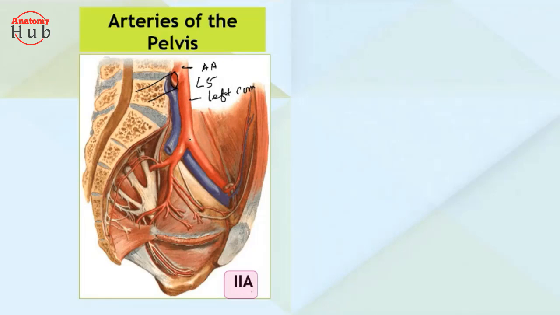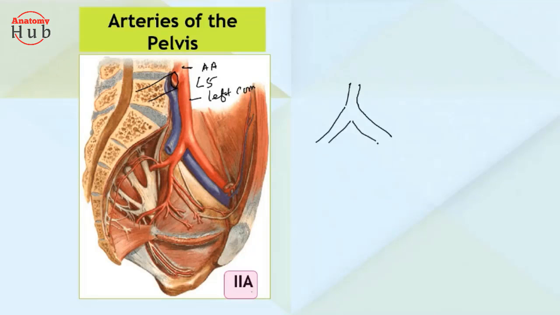Okay, then here at the level of your, here you can see this is L5 region, so this is L4 and L5 region, then S1 region over here, S2 like this. So at this S2 and S3 level, and sometimes it is the S1 level, it just divides into two branches. So common iliac artery will divide into two branches again.